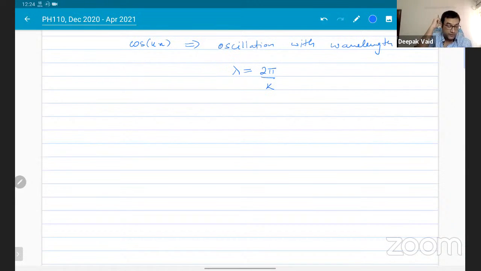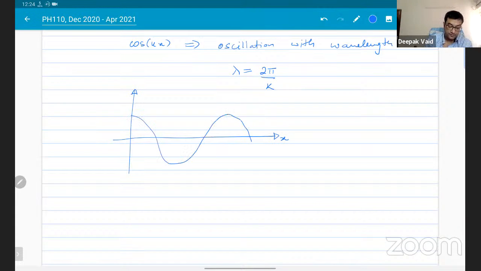All right, so this is a wave. But now if you look at this wave, if you draw this pattern, what do you get? You get an oscillation, but this oscillation is frozen in time.